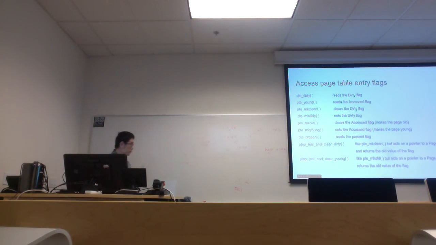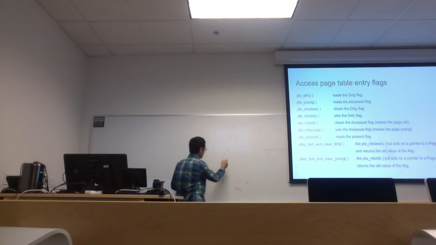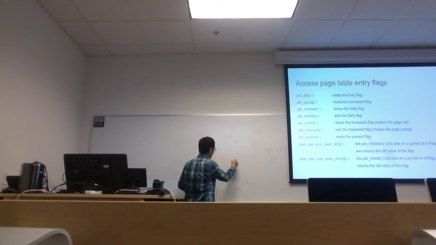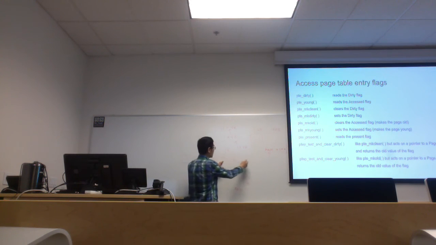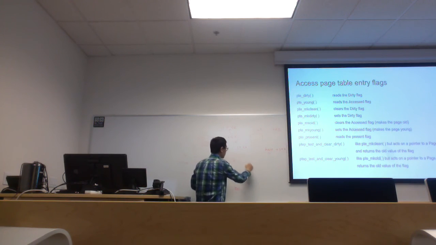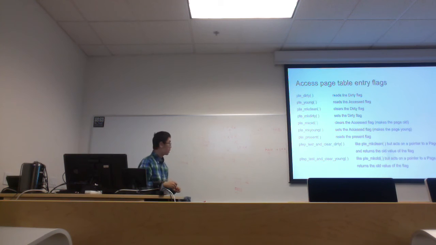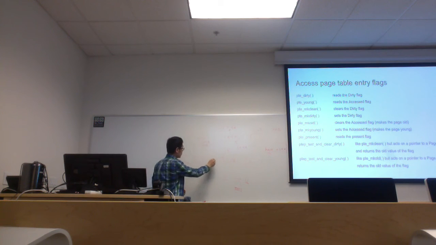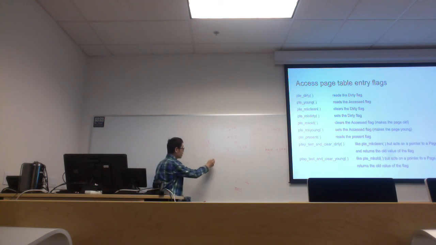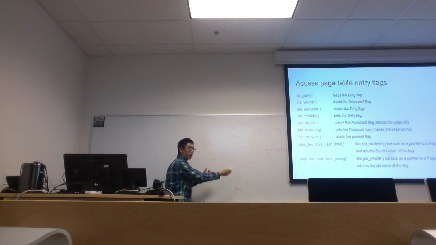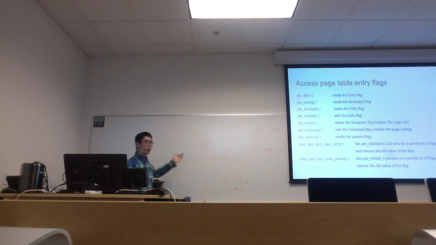So present means if this present bit is 1, this address is actually mapped to a physical page. If it's 0, it means it's not mapped at all. Similarly, if the present bit in the page directory is 0, it means the second level page table is not there.